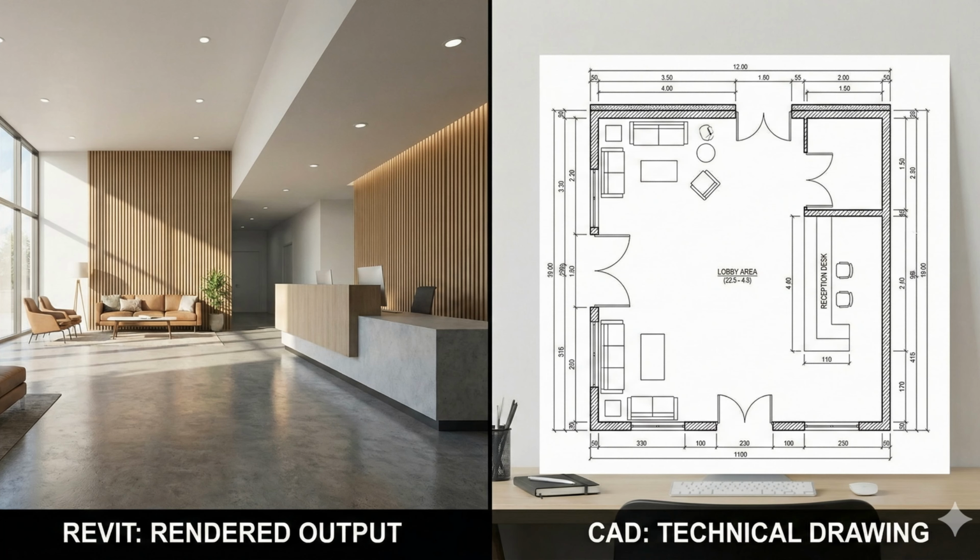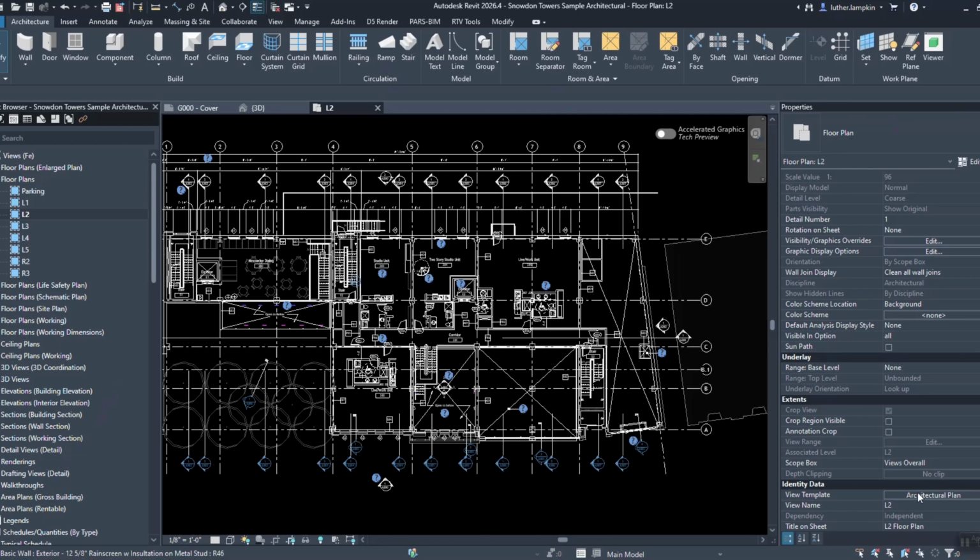And fifth, control your views with view templates. Stop manually hiding and unhiding elements in every single view. A view in Revit isn't a static drawing. It's a live window into your model's database, filtered by rules. Use view templates to define these rules consistently across all of your drawings.